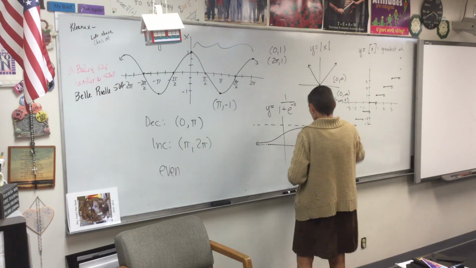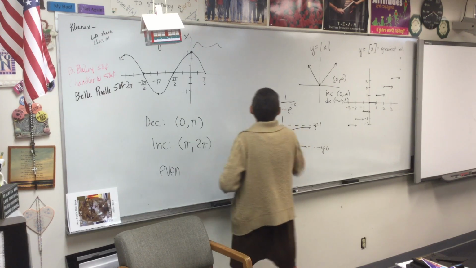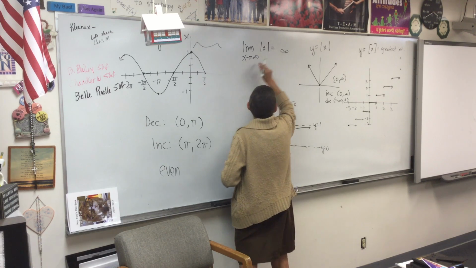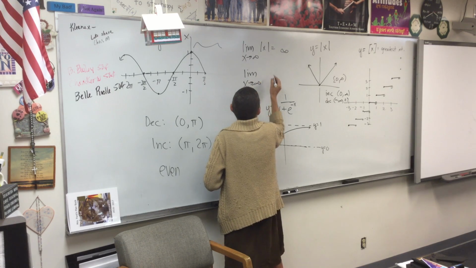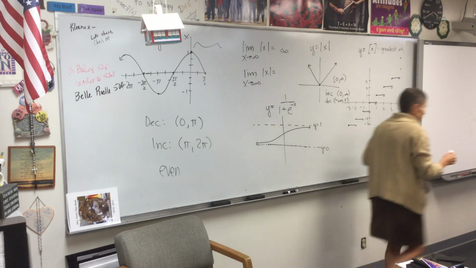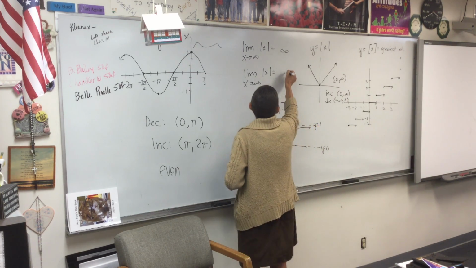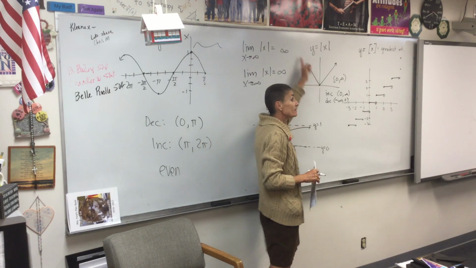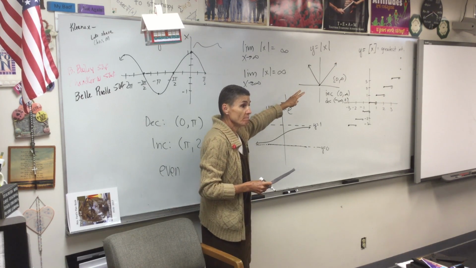And then end behavior for the absolute value function: positive infinity to the right, and positive infinity to the left. Everybody okay with that? Heading to positive infinity on both sides. Alright, so we good on that one?